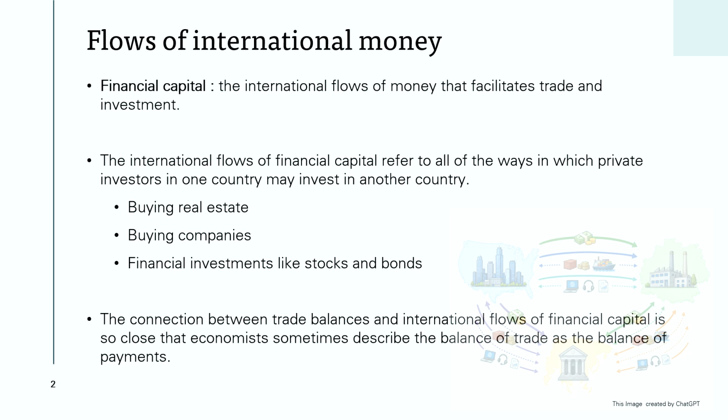Another example is buying companies or ownership stakes in foreign businesses. A third example is making financial investments through stocks, bonds, mutual funds, or other financial assets issued in another country. These activities move money across national borders and create international financial connections.